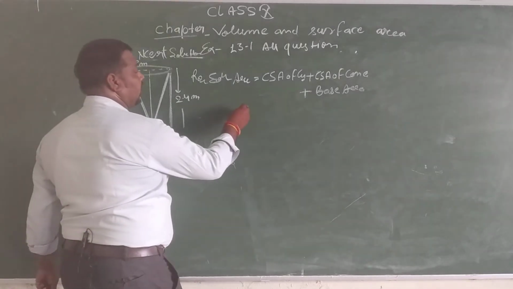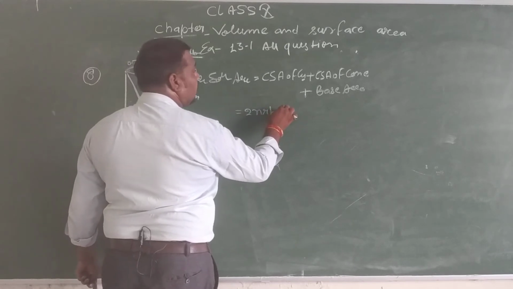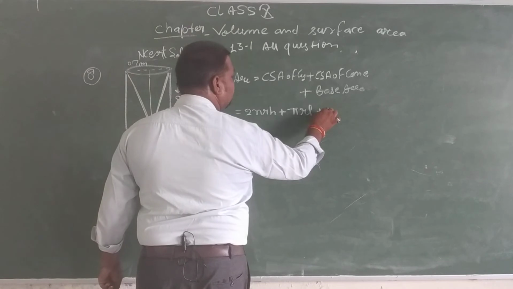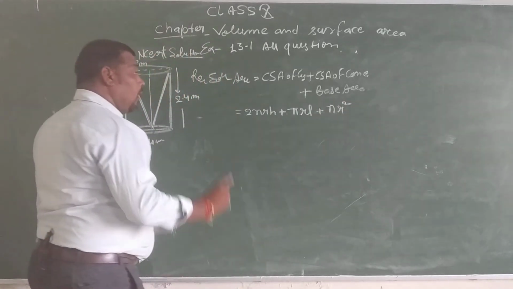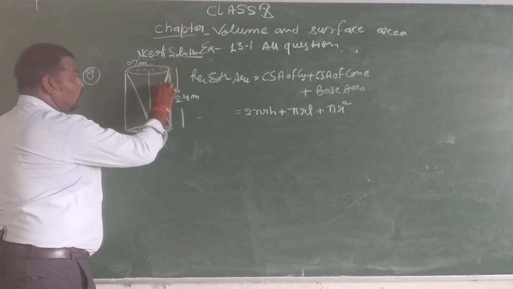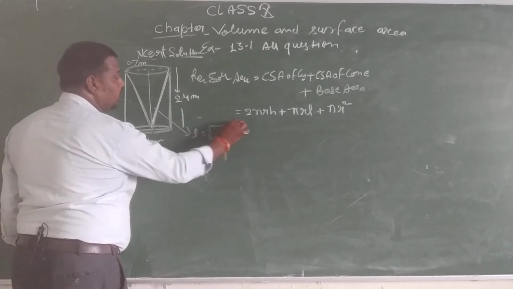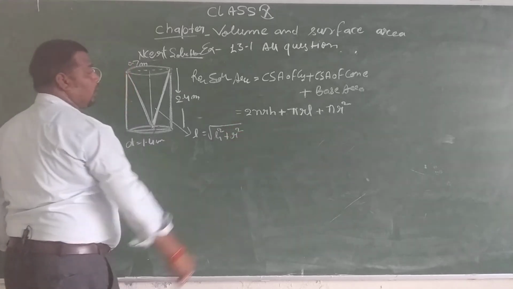So CSA of cylinder is 2 pi RH, CSA of cone is pi RL, and base area is pi R square. But note one thing, students: here the conical slant height is not given. So at first you find the slant height, that is the square root of h square plus r square.